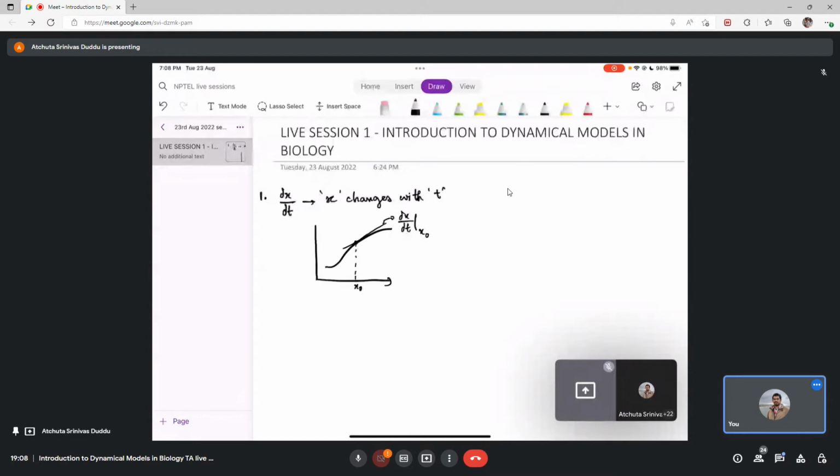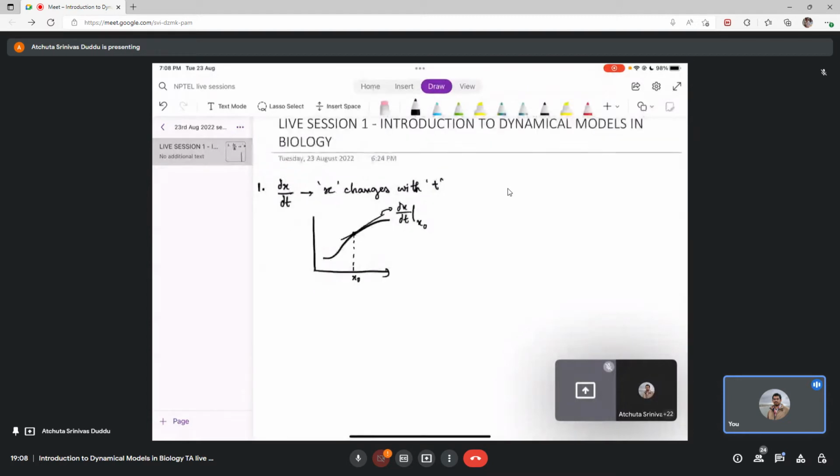So if we look at the first bit of the first problem, we have f of x equal to 233. Here 233 is a number, it's a constant. So the graph would look like something like this, a constant 233 on the f of x axis, and this is x.